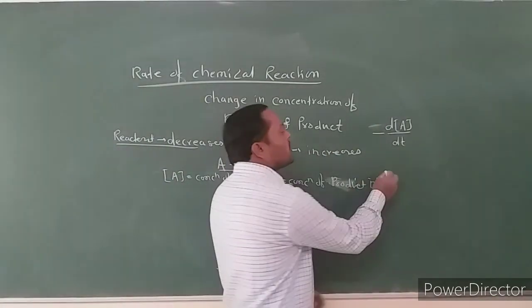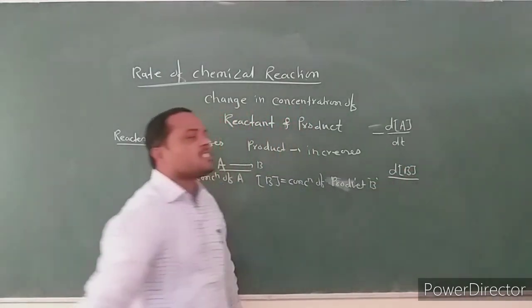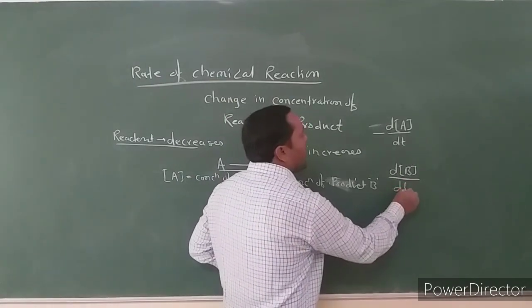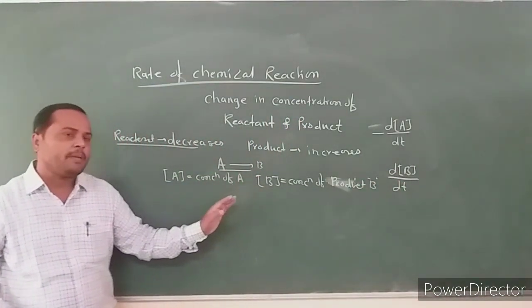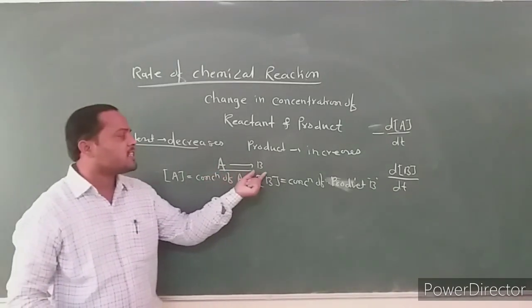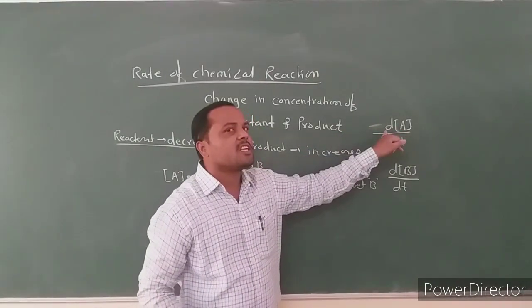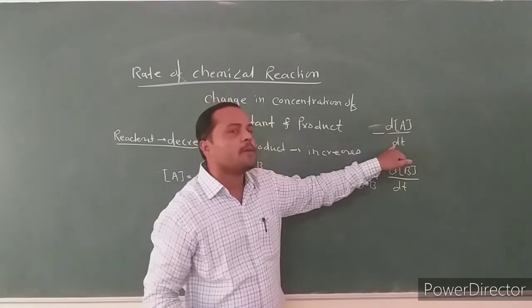In terms of product, generally the concentration of product increases with time. As the reaction proceeds, as reactant A is converted to product B, the concentration of A decreases and the concentration of B increases. The decreased concentration of A with time t is represented by minus d[A] upon dt.